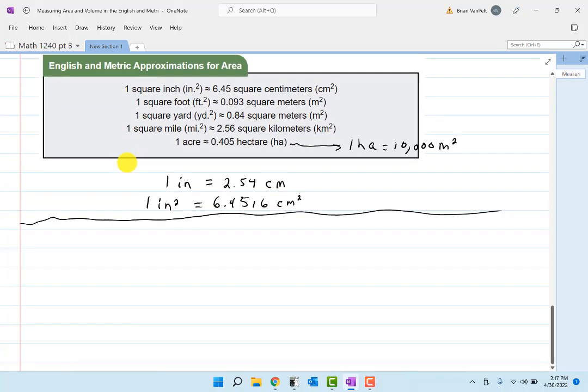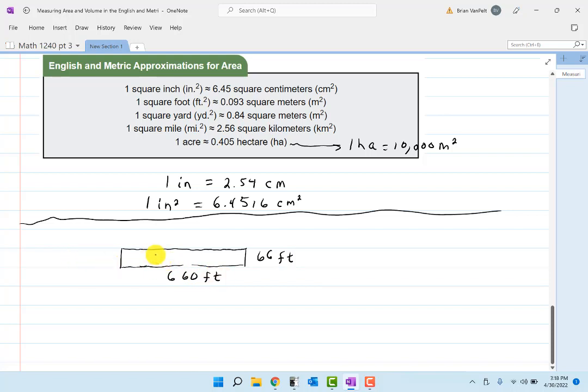Let me show you something. This is a basic conversion for large land masses. What we have is the following. I did a little research here and I looked up the definition of an acre. And this was a strip of land that was 66 feet thick, I guess, by 660 feet long.